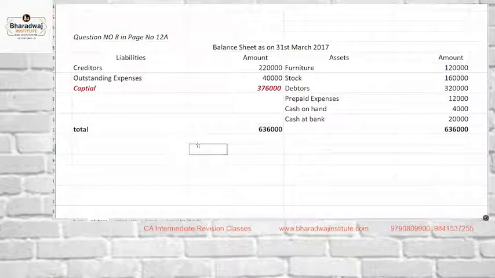Prepare the creditors account and find out the balance and the purchases. Be careful about the discounts given.